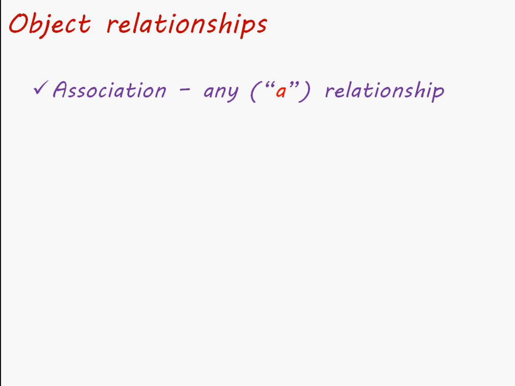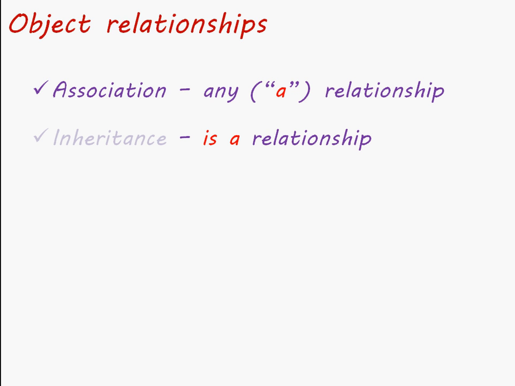Object relationships. When you take two objects, there may be certain different types of relationships between the objects. For example, association. Any relationship between objects is called association, which means there is some kind of association between those objects.